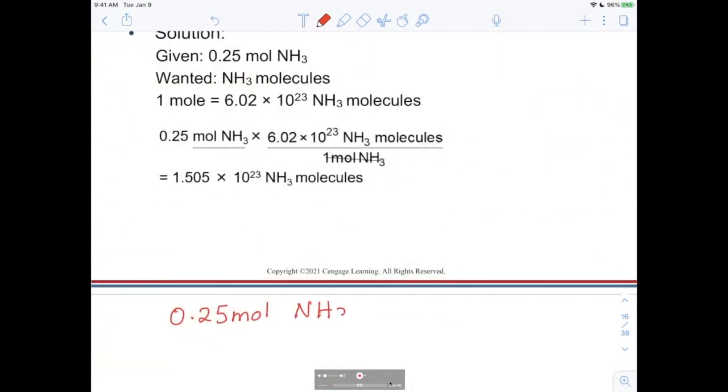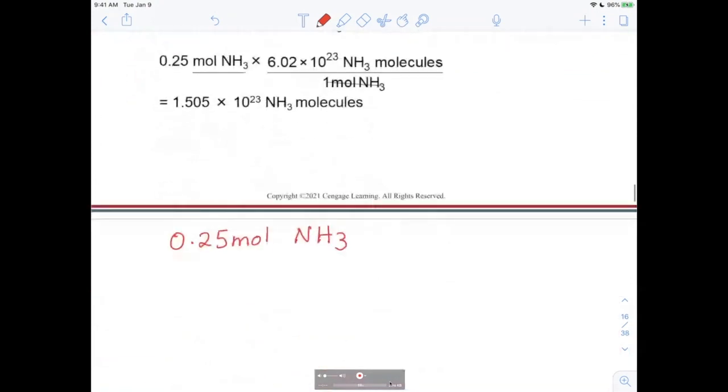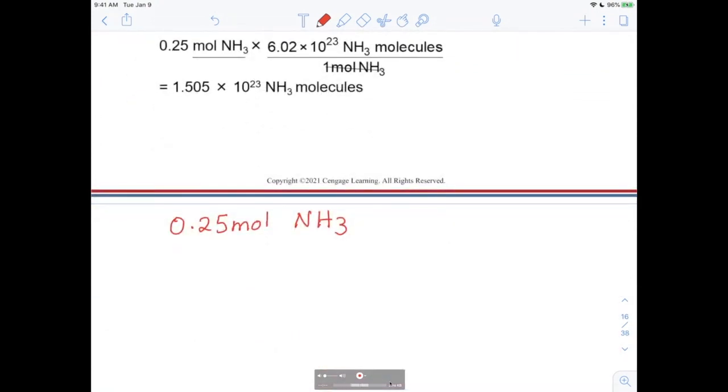Ammonia is NH3. This is what's given. How many ammonia molecules is this? Oh man, I don't like when they take such leaps. Okay, I need to explain one more thing. They want us to go from moles of ammonia to molecules of ammonia.